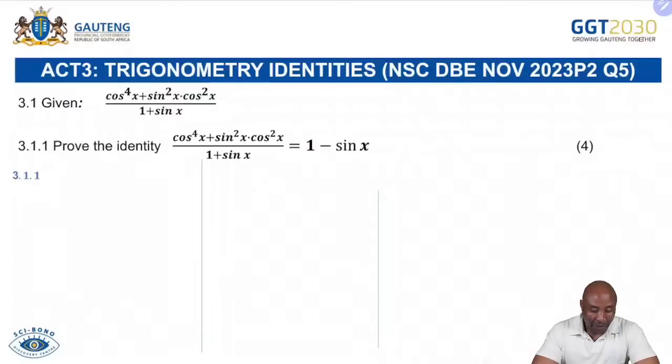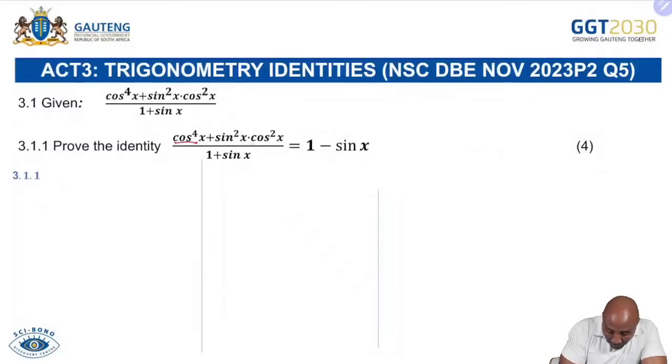We are supposed to prove that identity. Let's do it together. Cos to the power 4 x plus sine squared x times cos squared x. If you check there, I have a cos here, I have a cos again there. And it means somewhere I should factorize so that I'm able to simplify this.